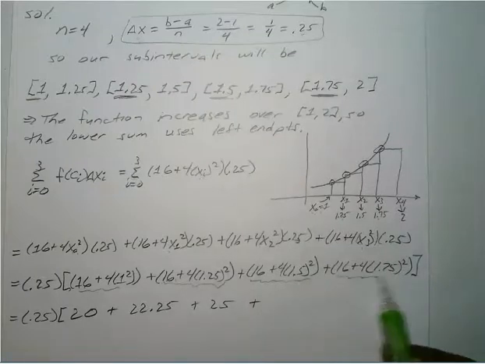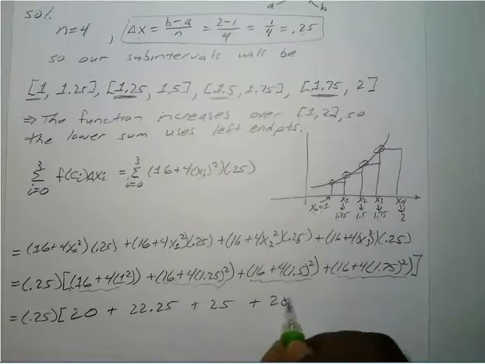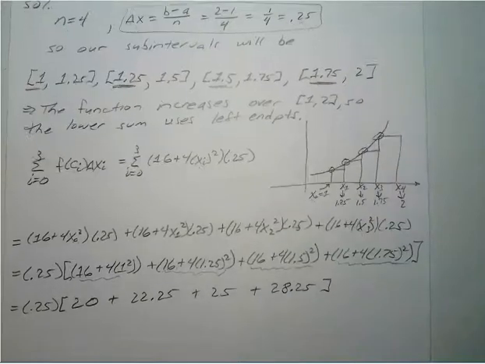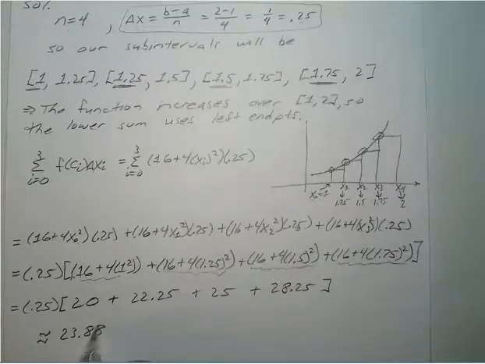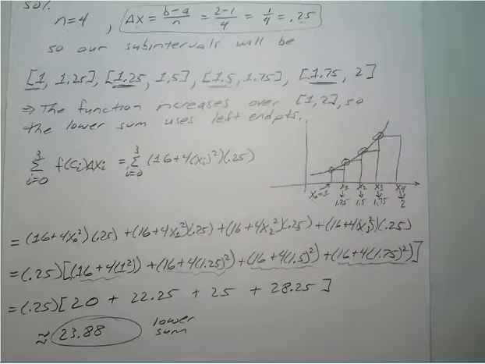Plus 16 plus 4 times 1.75 squared is 28.25. Okay, so if you add all these together and multiply by 0.25, you will get approximately 23.88 if you round it to the nearest hundredth, and that is your lower sum.